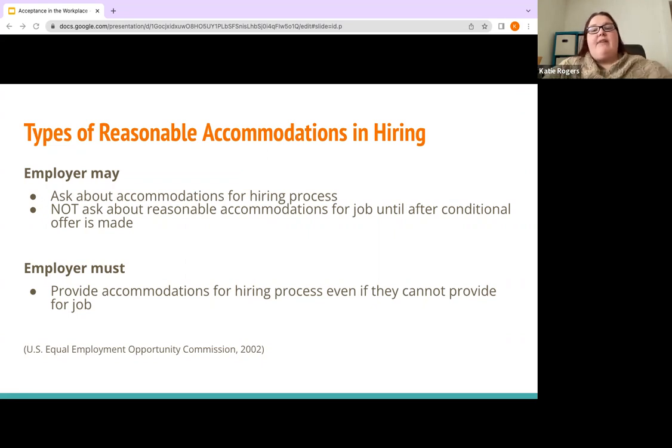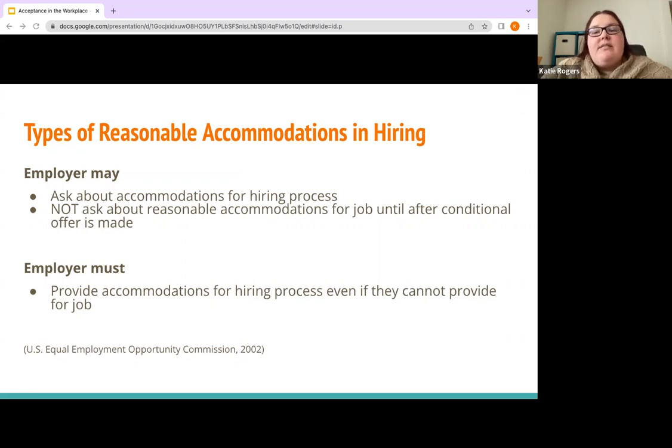An employer must provide a reasonable accommodation to a qualified applicant with a disability that will enable the individual to have an equal opportunity to participate in the application process and to be considered for a job unless it can show undue hardship.